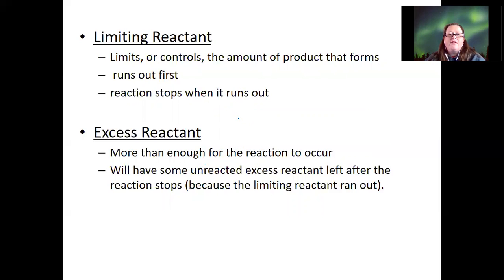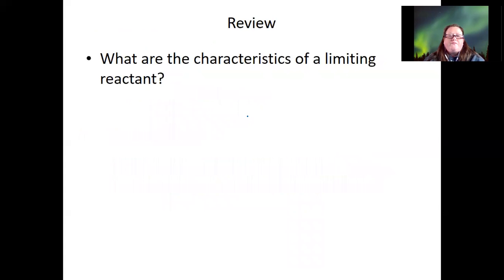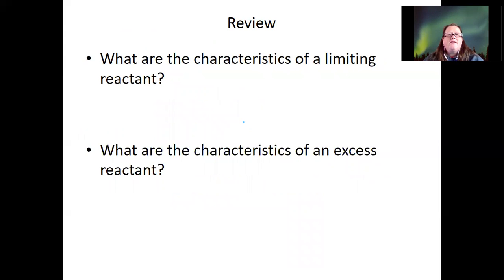We can't really plan for it. So you have to consider that after a reaction is finished, there still might be some of this reactant lingering around because it didn't react. So in the review questions that you're going to have to answer, what are the characteristics of a limiting reactant and what are the characteristics of an excess reactant?